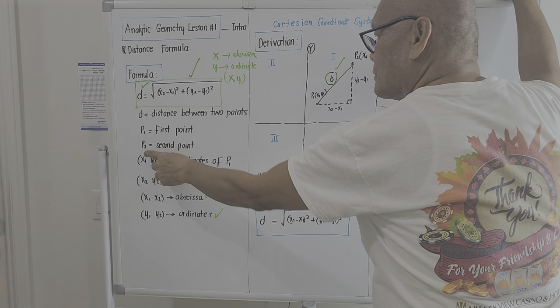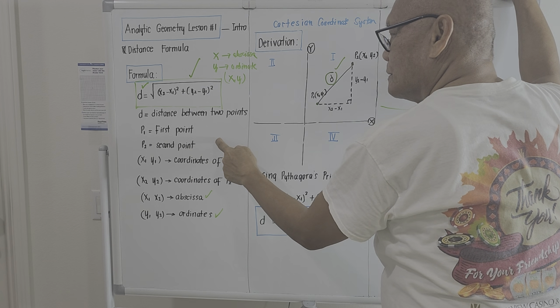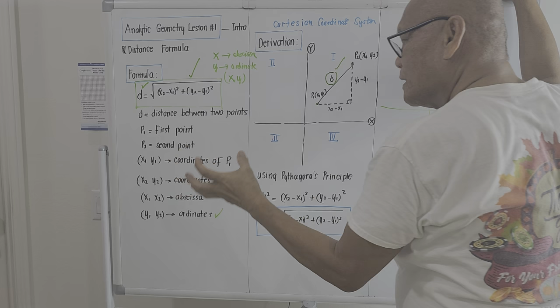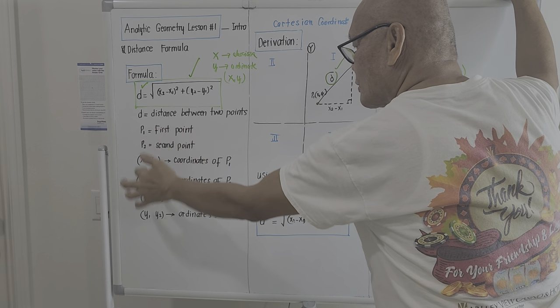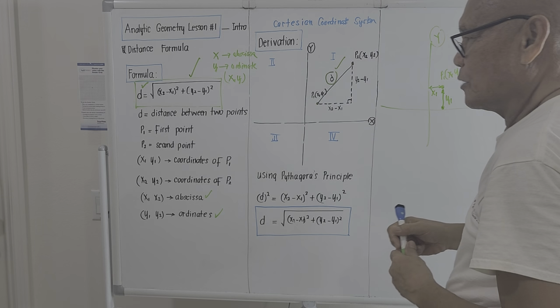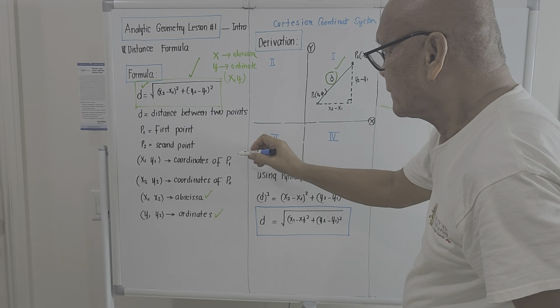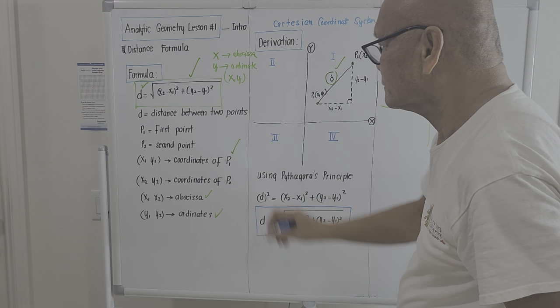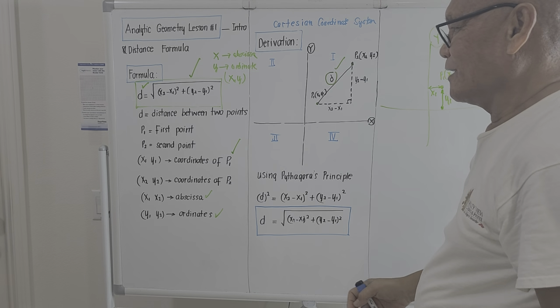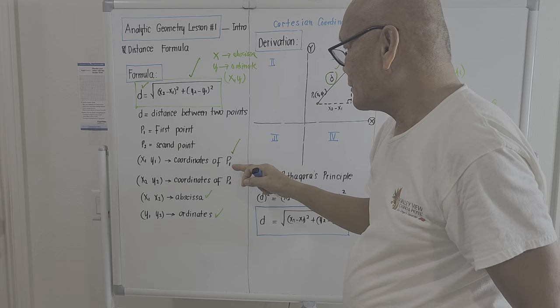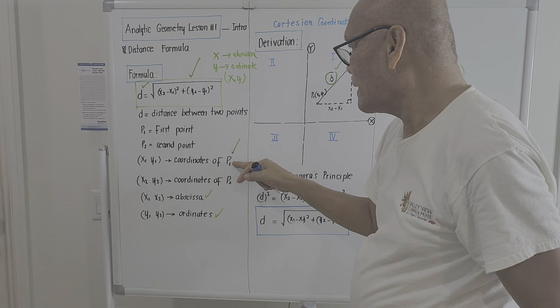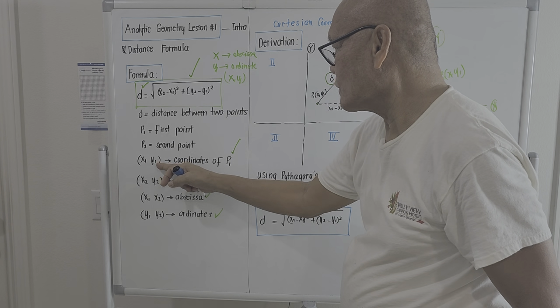P with the subscript 2 is actually the second point. Written simply as open quantity x1, y1, close quantity, we read this as the coordinates of point P1, meaning the abscissa and ordinate of point number 1. So this should be x sub 1, and this is y sub 1.